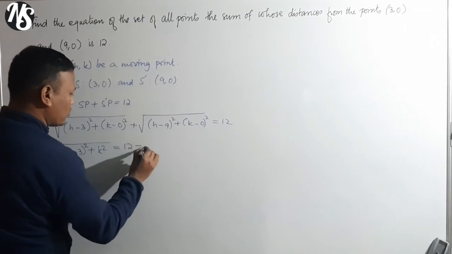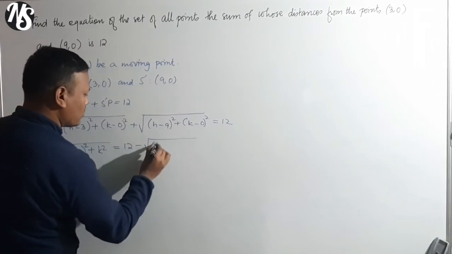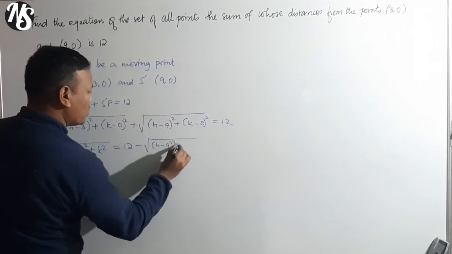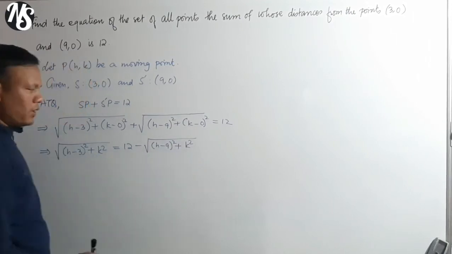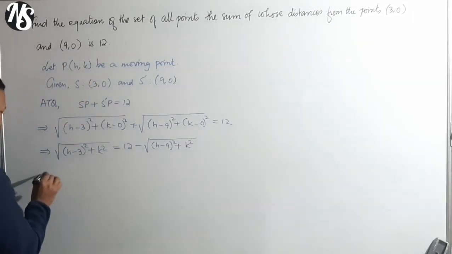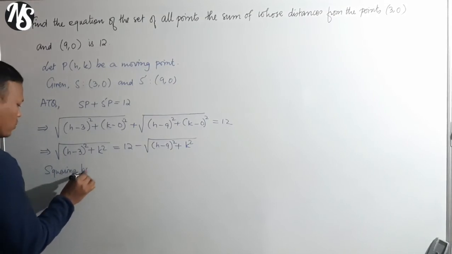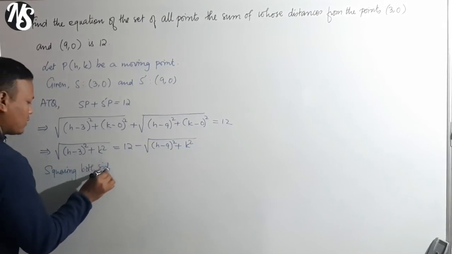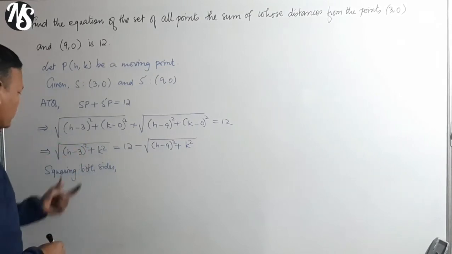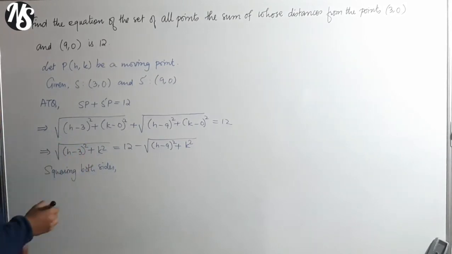Let me take this to that side. So we have 12 minus the square root of (h minus 9) whole square plus k square. Now let's square both sides. When you square both sides, this square root sign will vanish.